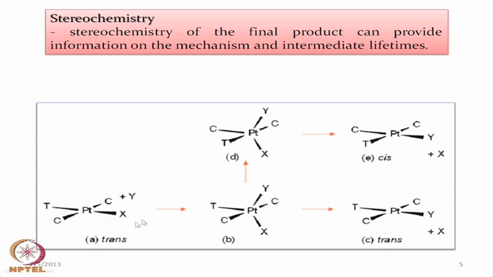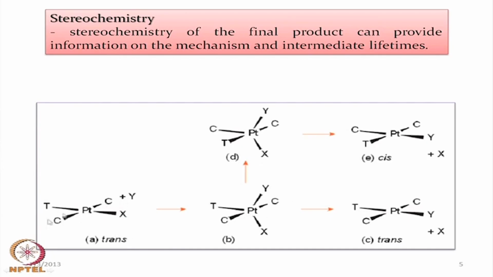But if it remains as a vacant position, or the entire molecule forms a T-shaped molecule, or some solvent or water molecule can attach to this position, or it can go for a trigonal bipyramidal geometry where this particular C-Pt-C bond will remain intact.